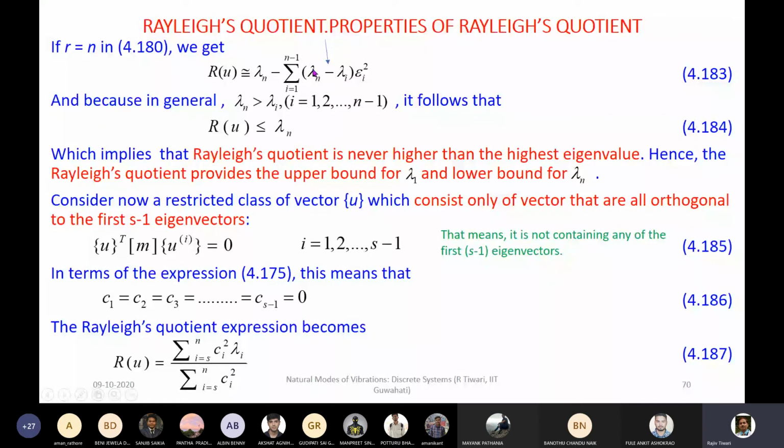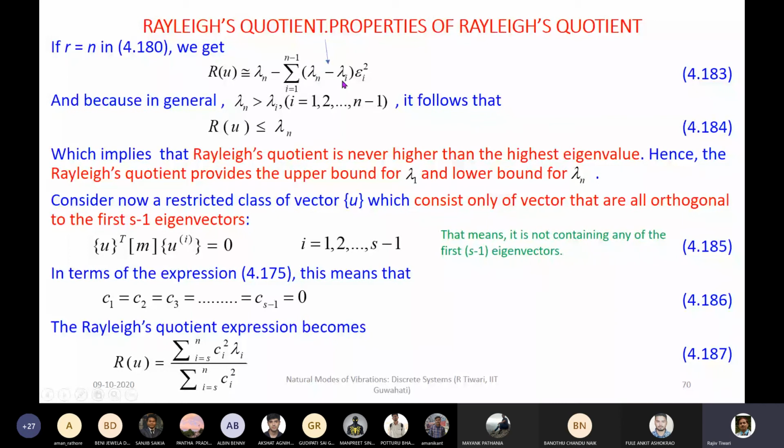And lambda n is the highest natural frequency, because we already talked that we'll arrange the natural frequencies lowest at r is equal to 1 and highest at r is equal to n. The other ones will be less than that, so this quantity will be positive.